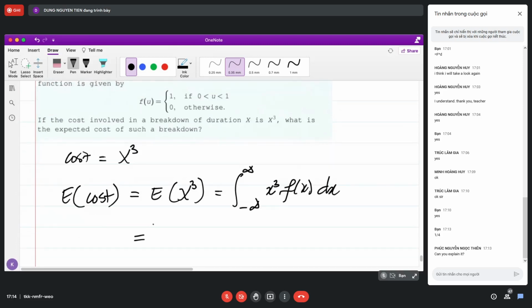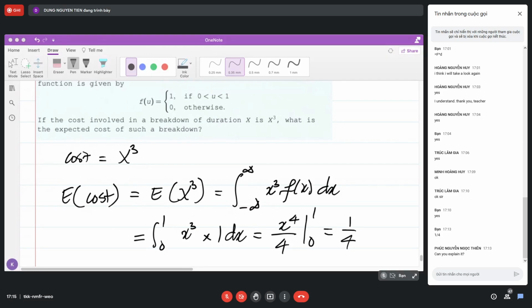And you get the integral from 0 to 1 of x to the third times the function f, which is 1, dx. And you get x to the fourth over 4 from 0 to 1, and you get 1/4. Is it okay?